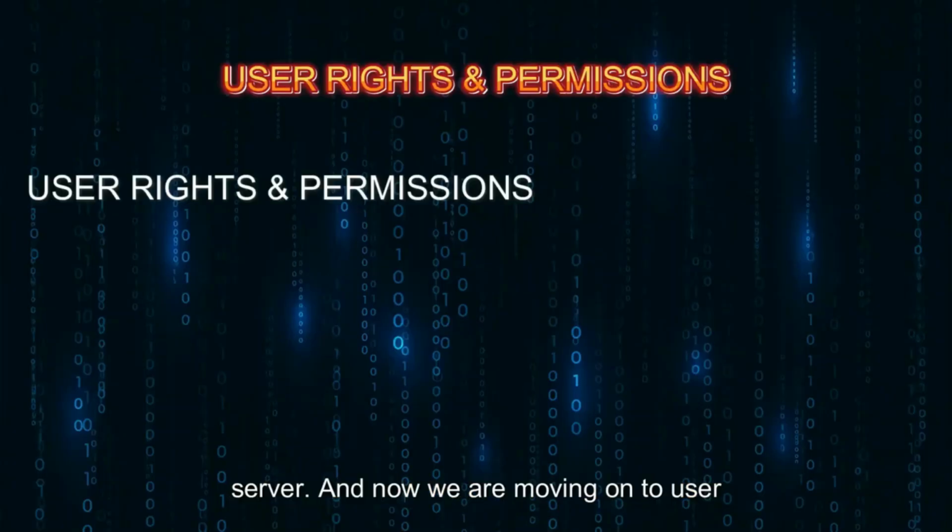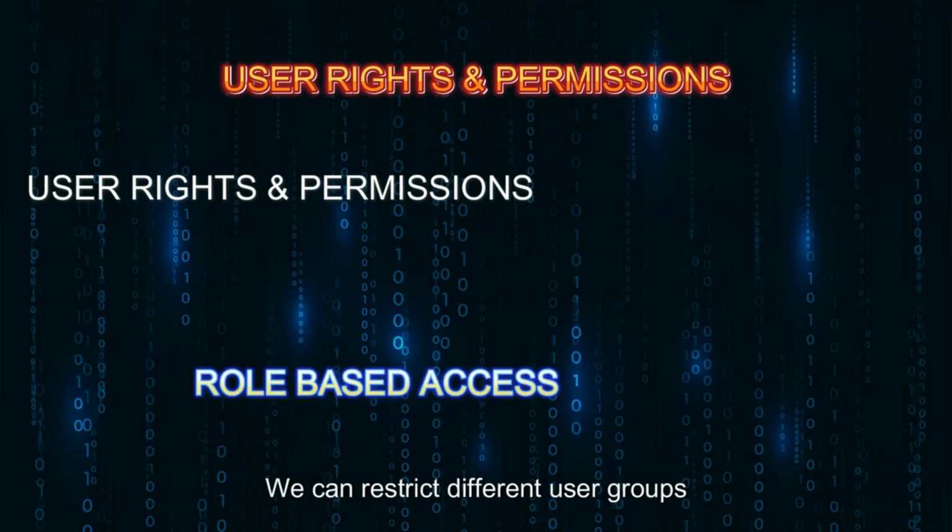And now we are moving on to user rights policies, which is assigning and restricting user rights to enhance security. And this is more of rule-based access. We can restrict different user groups for different user tasks.